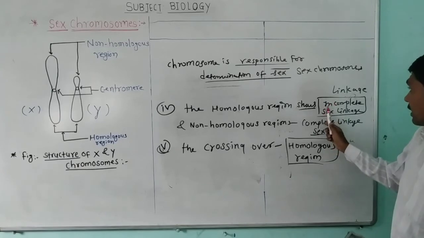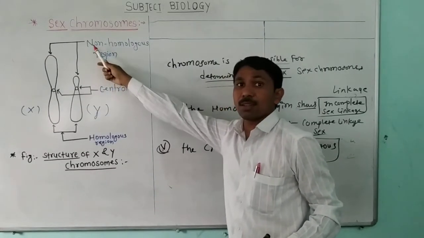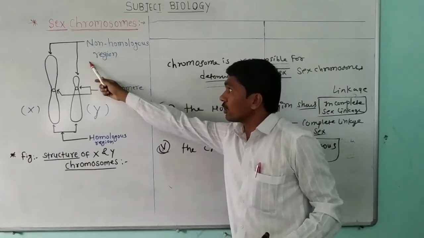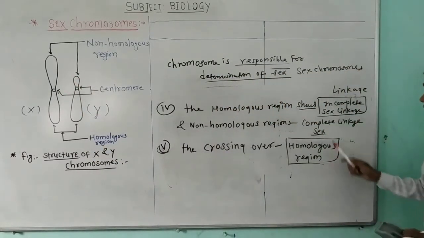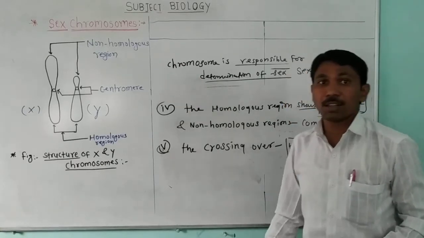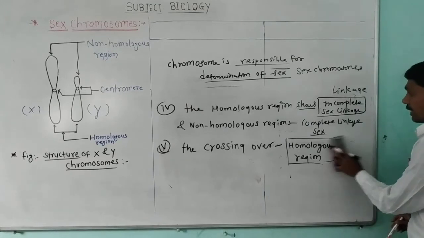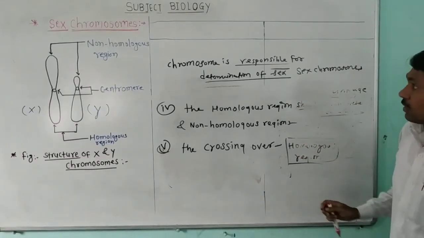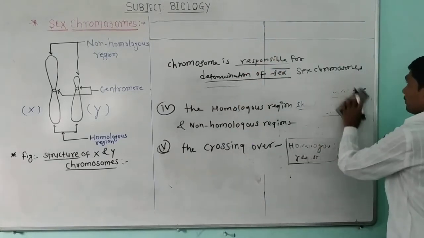In the non-homologous region there is complete sex linkage, because crossing over does not occur there. Then we will discuss a comparative study between the X and Y chromosome.